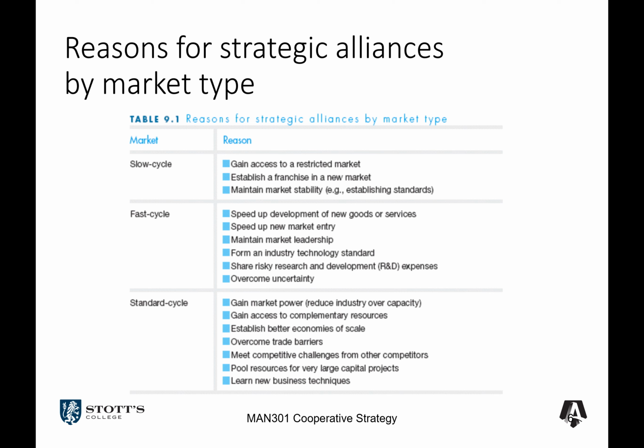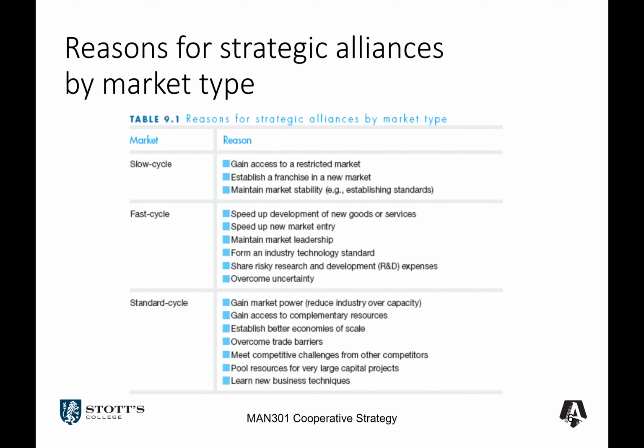Meet competitive challenges from your competitors by getting to a certain critical size or to enable you to compete directly. Pool resources for very large capital projects, or learn new business techniques. So all those things are the way that markets work and how they can encourage or incentivize firms to go into a strategic alliance.